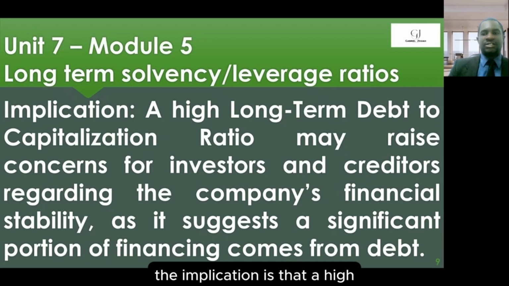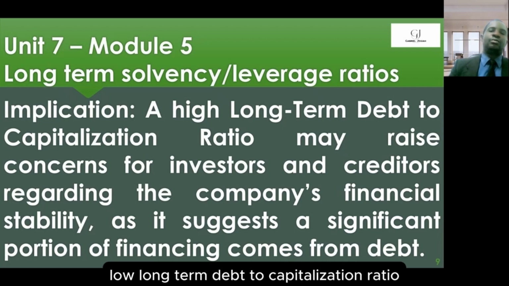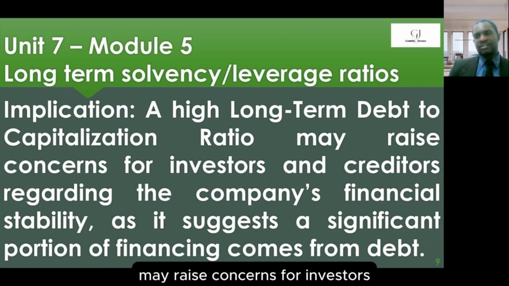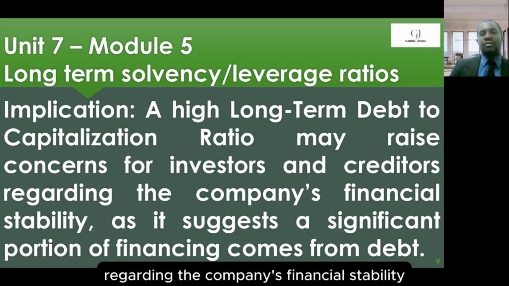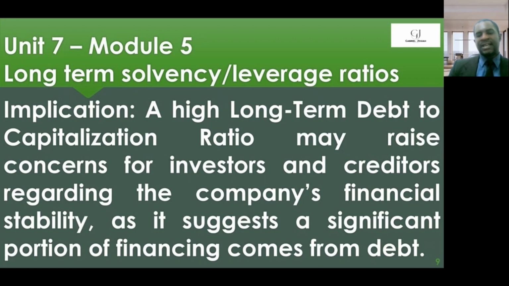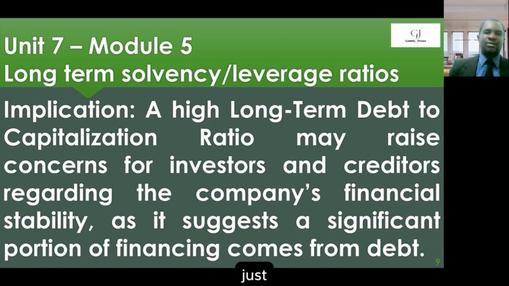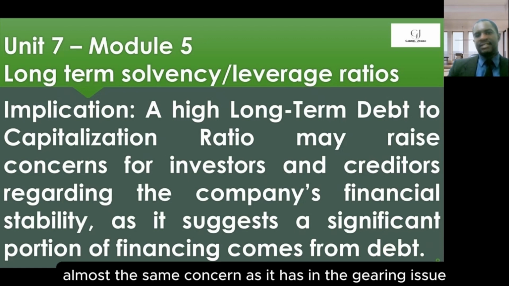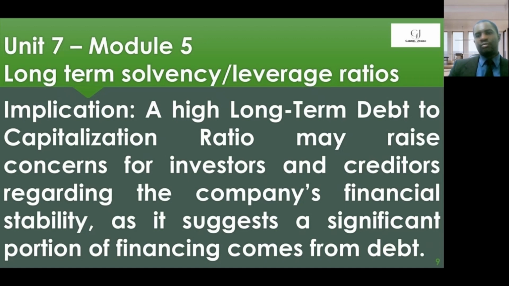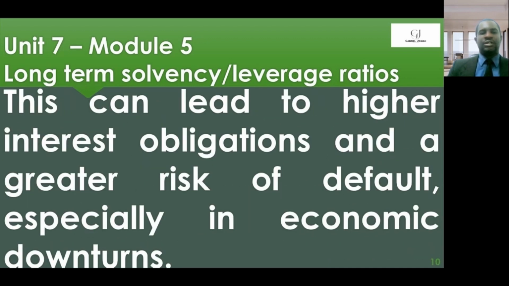The implication is that a high long-term debt to capitalization ratio may raise concerns for investors and creditors regarding the company's financial stability, as it suggests a significant portion of financing comes from debt, almost the same concern as in the gearing ratio we looked at in the previous videos.